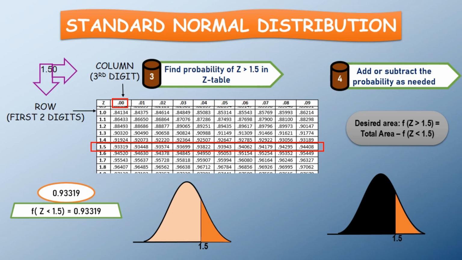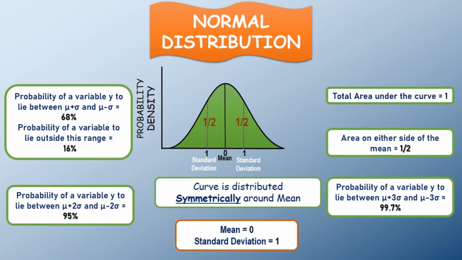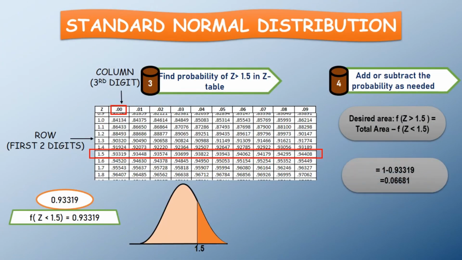But what is the area under the curve? Remember, I told you in the previous video that the area under the curve adds up to 1. So here also we will subtract 0.93319 from 1, and that will be our answer.